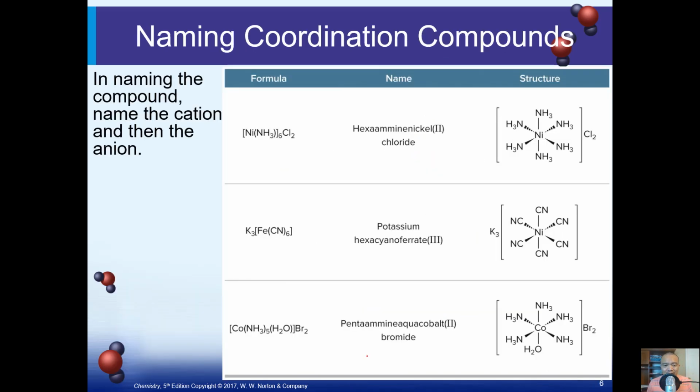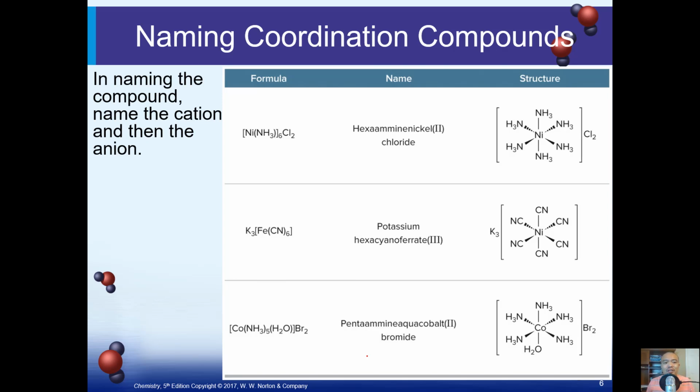Next, let's go into the details about how to name the coordination compounds we just talked about. And this topic is extremely important. It will be tested in your exam.